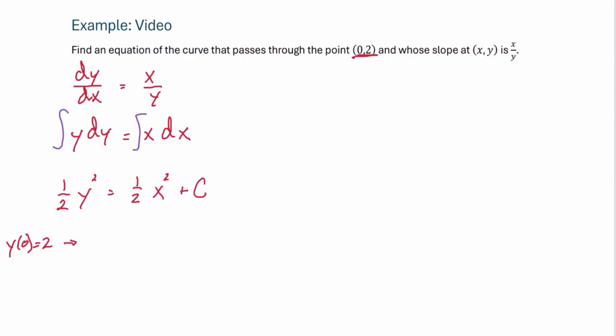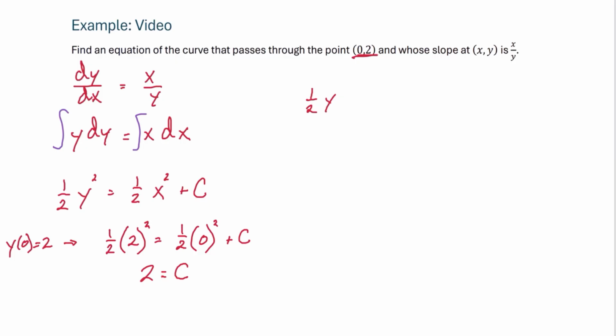So we'll plug that information into what we just found. 1/2 times 2 squared equals 1/2 times 0 squared plus c. 1/2 times 2 squared is 4, so that will be 2 equals, that term is 0, so we just get 2 equals c.